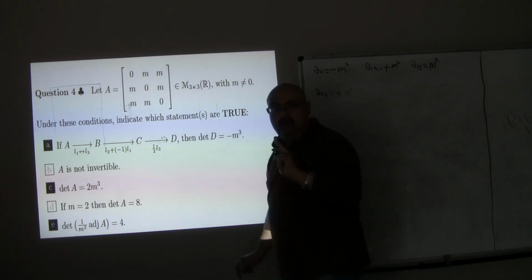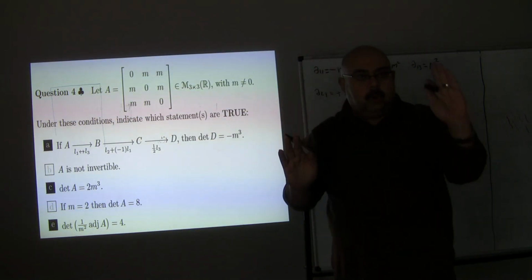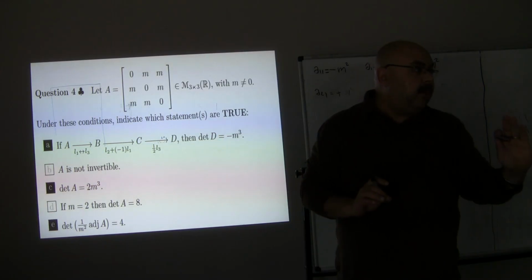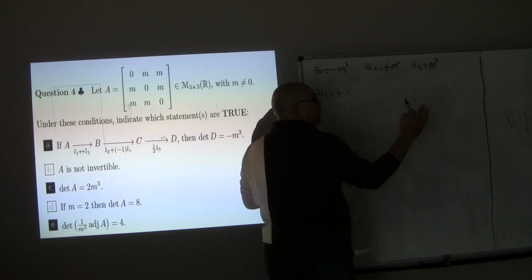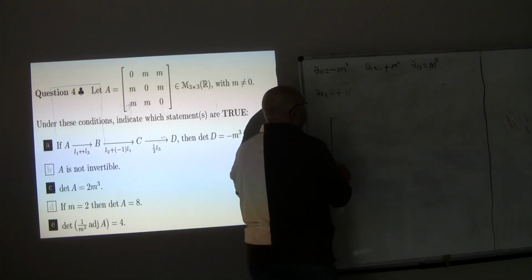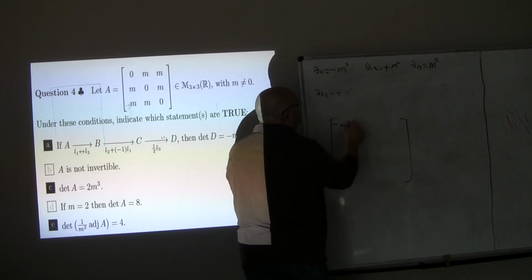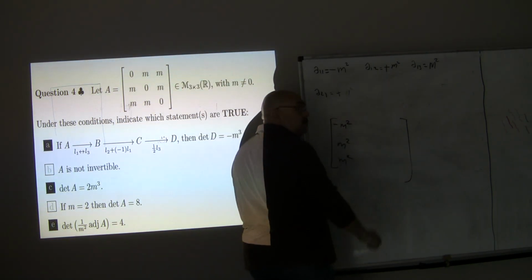He's asking you the value of this determinant after you do the transpose, if I multiply by 1 over m squared. So once you multiply by 1 over m squared, you will find, let me do the first column please. The first column for the adjoint matrix is really simple, it's already here, which is going to be negative of m squared, then m squared, then m squared.